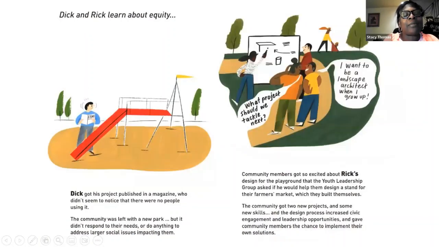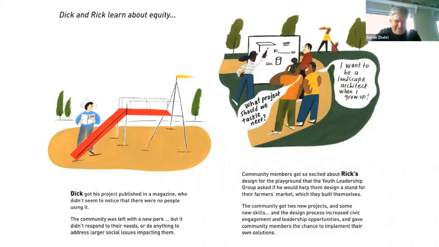Dick and Rick learn about equity. Dick got his project published in a magazine that didn't seem to notice that there were no people using it. The community was left with a new park, but it didn't respond to their needs or do anything to address larger social issues impacting them.